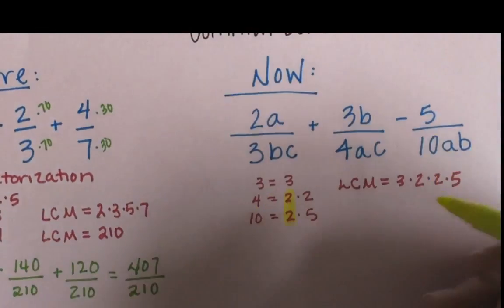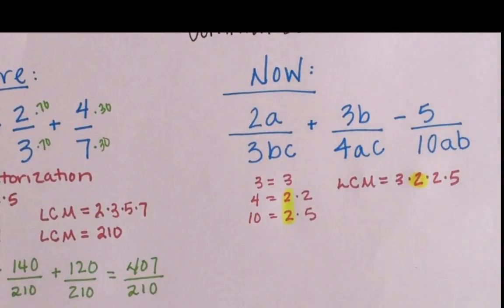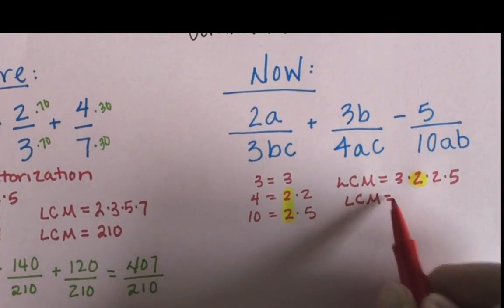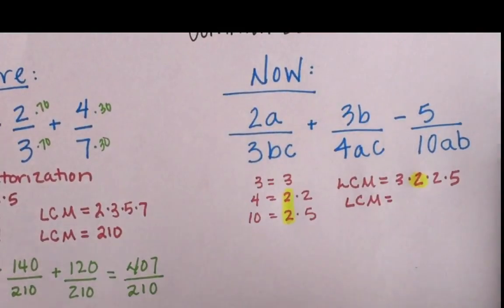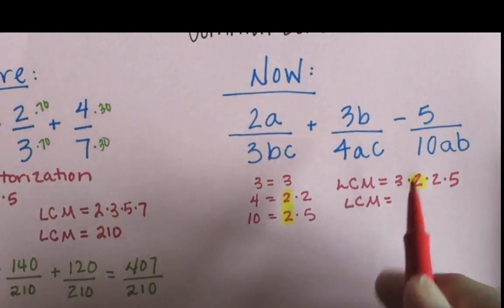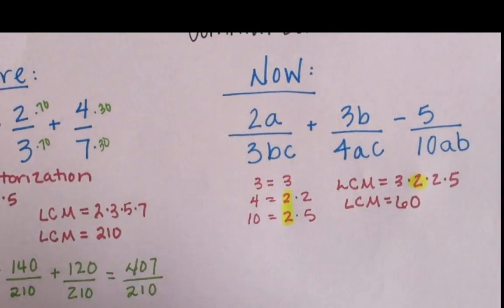So here's our group of 2's, and what's left over is still there. So we find our LCM, or the common denominator for the numbers, is our 20 times 3, which would be 60. So that's just for the numbers.